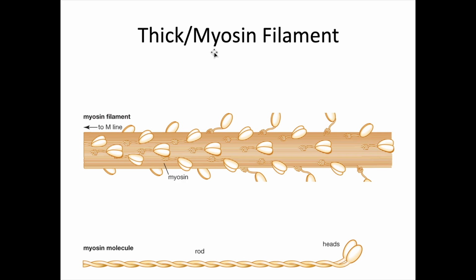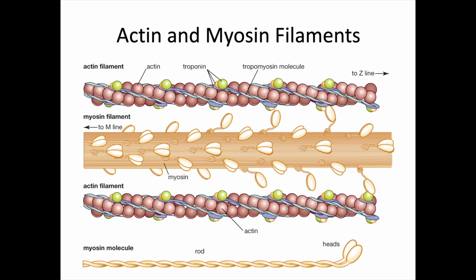So the myosin filament is composed of myosin. That's a protein, hence the name. And myosin, unlike most proteins, is not globular. It's not like a sphere. It's this golf club looking thing with an elongated rod segment, and then there is a globular head. So a bunch of these myosin proteins come together to form this thick filament.